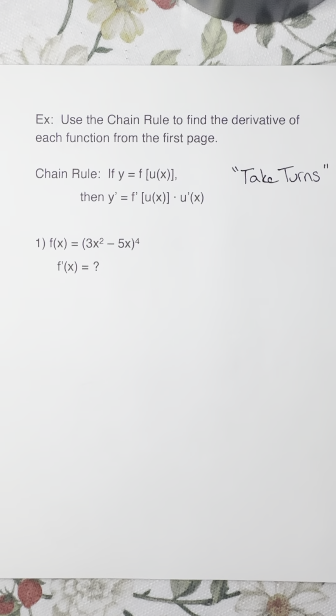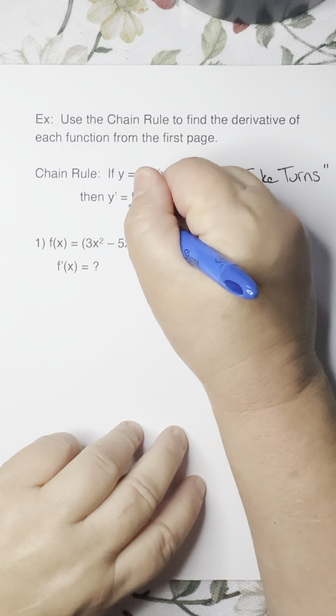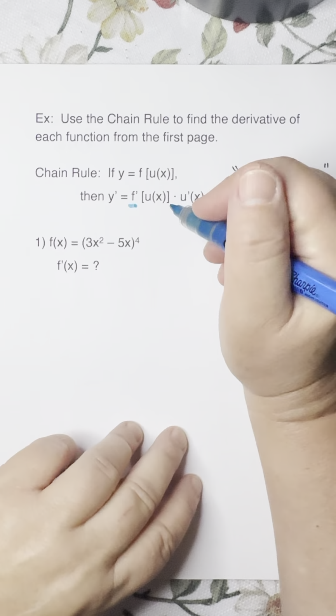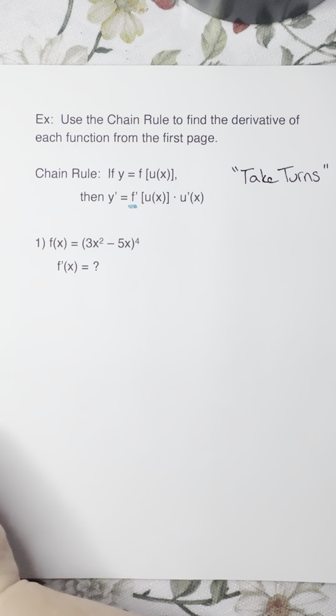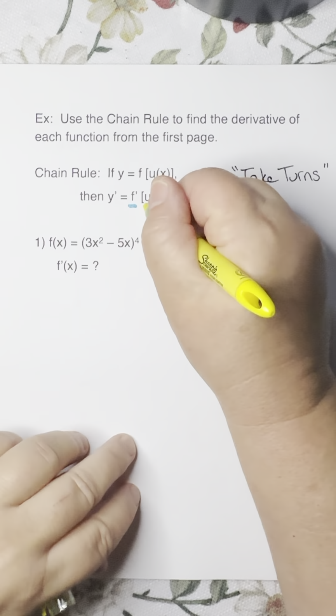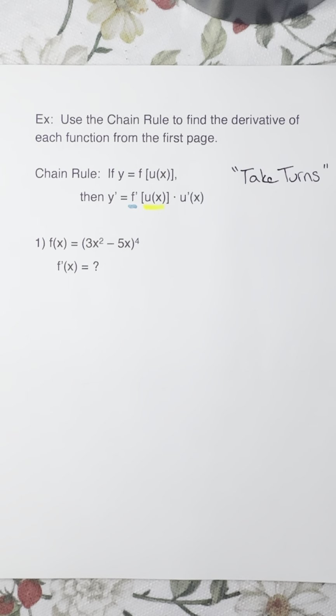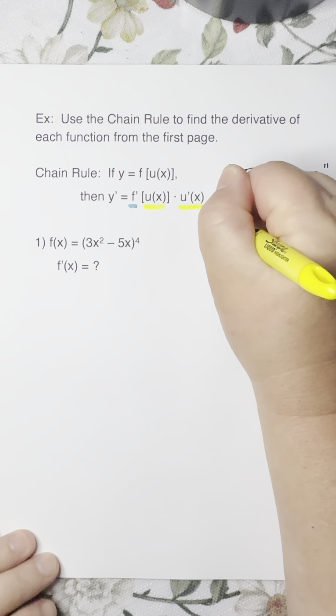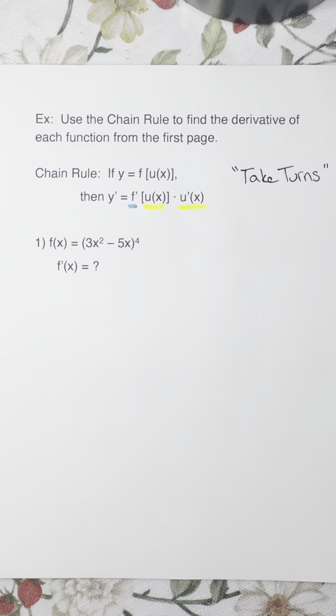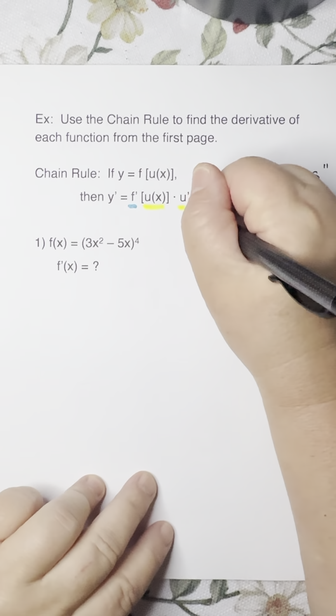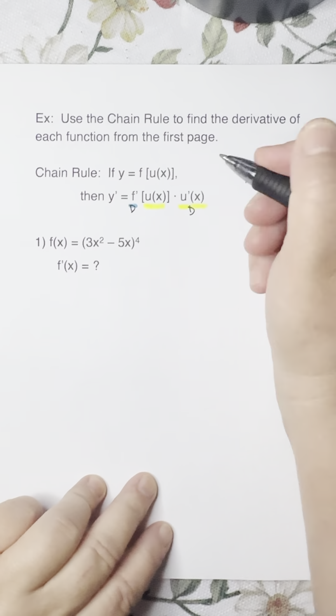To take the derivative of the expression, you take the derivative of the outside. So it's the outside derivative there. But then the inside stays plain. It's plain inside. And then the inside gets to take its derivative. So this is the derivative here, and this is the derivative here.